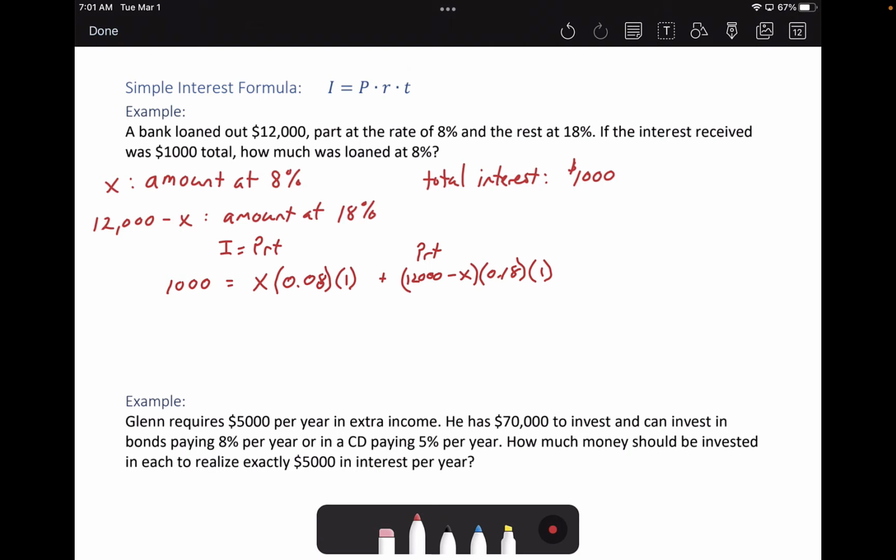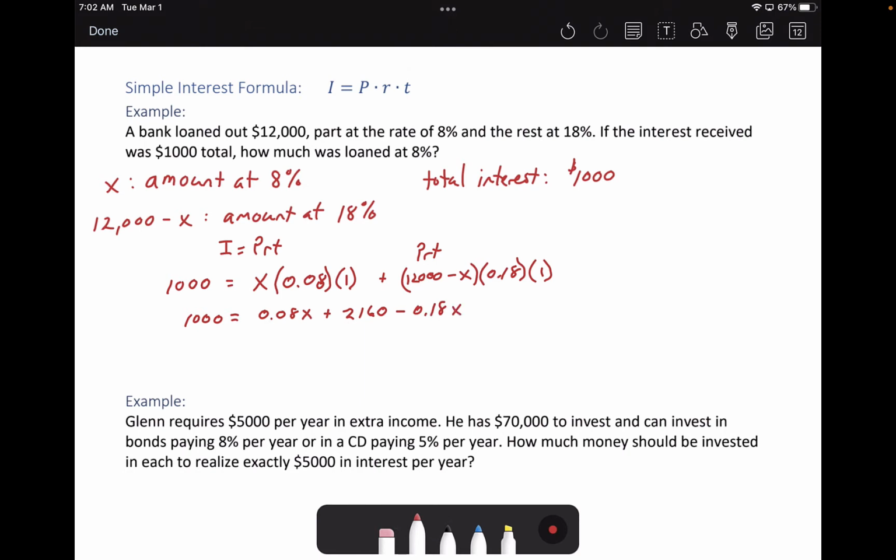Now we just need to simplify. 1,000 equals 0.08x. Then on the next PRT, we'll distribute. 12,000 times 0.18 is 2,160. And then minus 0.18x.